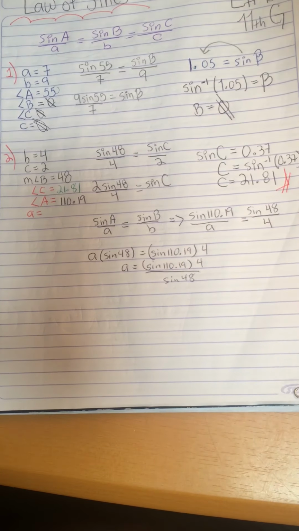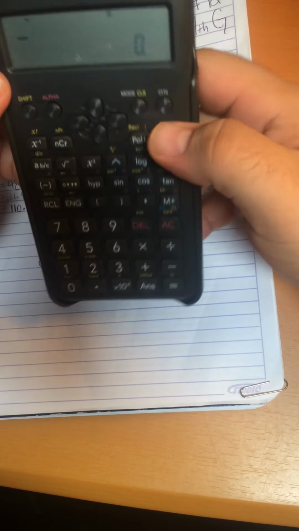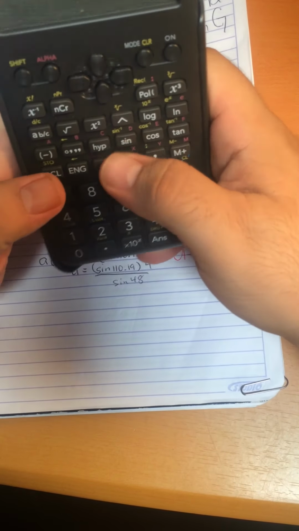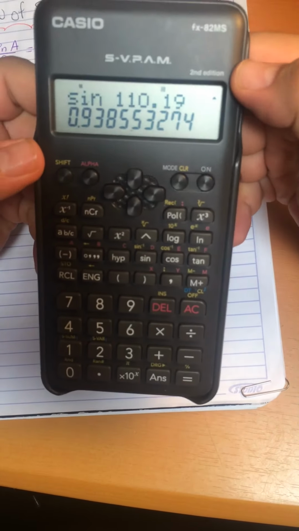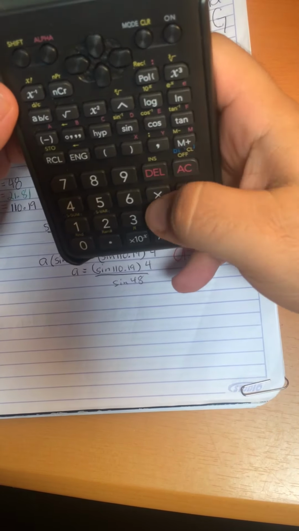Okay, so what is going to be the measurement of A? Sine of 110.19, okay, 0.94 times 4, 3.75, and this is divided by the sine of 48, 5.05.